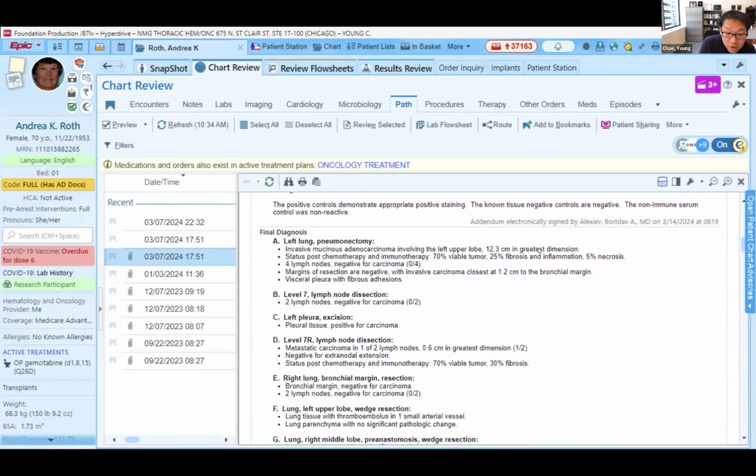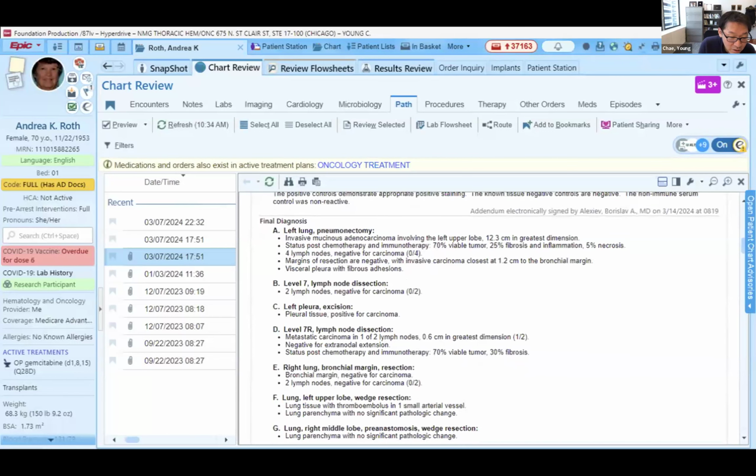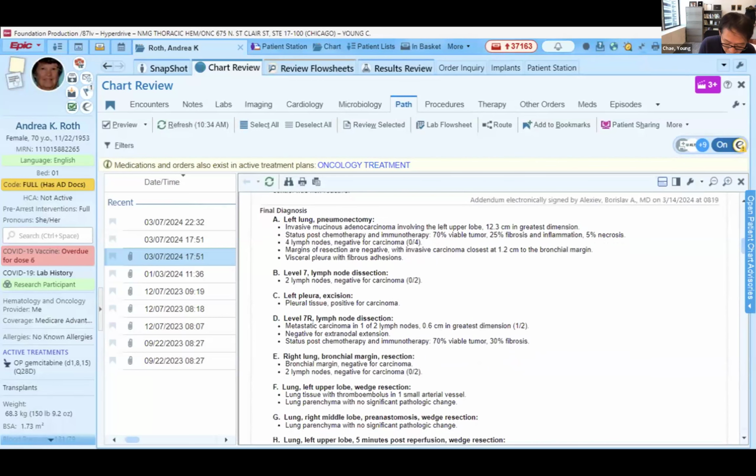12.3 is a huge cancer. Chemotherapy killed 30%, so 70% viable tumor. Four lymph node margins were negative. Okay, good. The left pleura was positive for carcinoma.